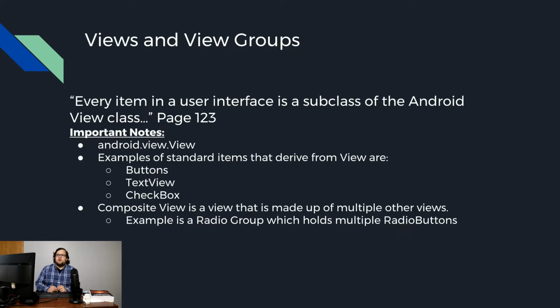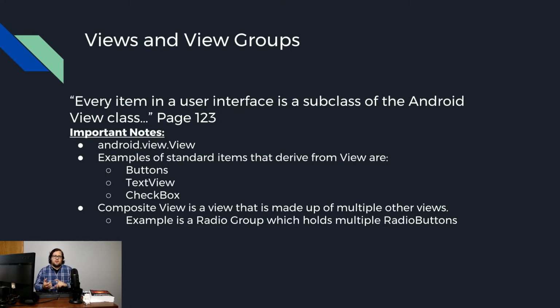Alright, so what are views and view groups? And I think this quote actually sums it up pretty well from page 123 in the book. Every item in a user interface is a subclass of the Android view class. So the important note on that is android.view.View. That's the exact class that the book is actually talking about.